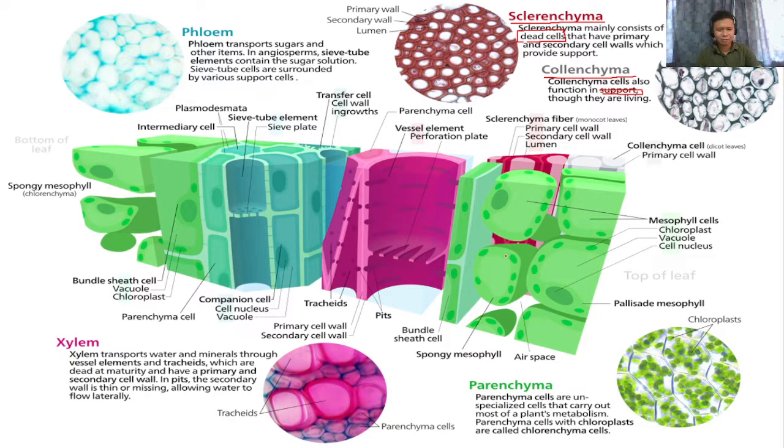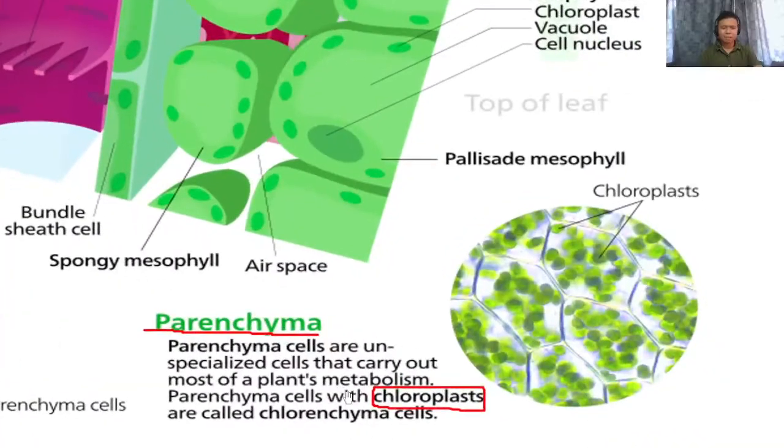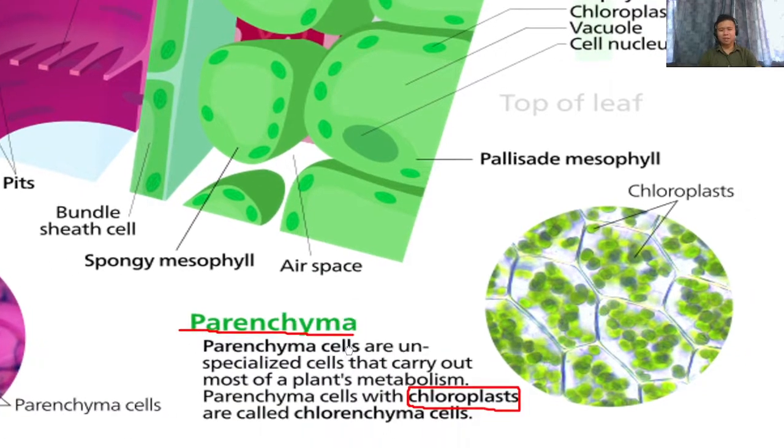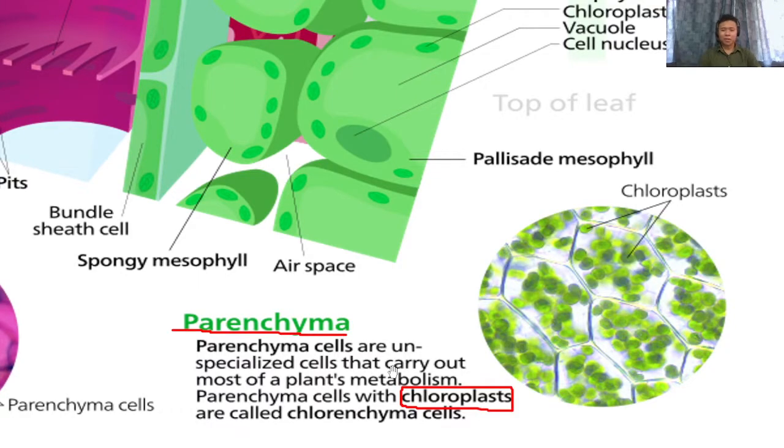And lastly, for parenchyma, these are specialized cells that carry out metabolism as they contain chloroplast, and photosynthesis usually takes place in this particular portion because they are made up of specialized cells capable of performing metabolism, performing photosynthesis, simply because of the presence of the chloroplast.